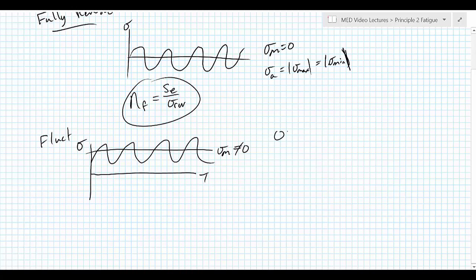So in general, it's always true that the mean is the average, so sigma max plus sigma min over 2. That's always true, and this is also always true, that the amplitude is the absolute value of the maximum minus the minimum over 2. And this can be done for shear as well.